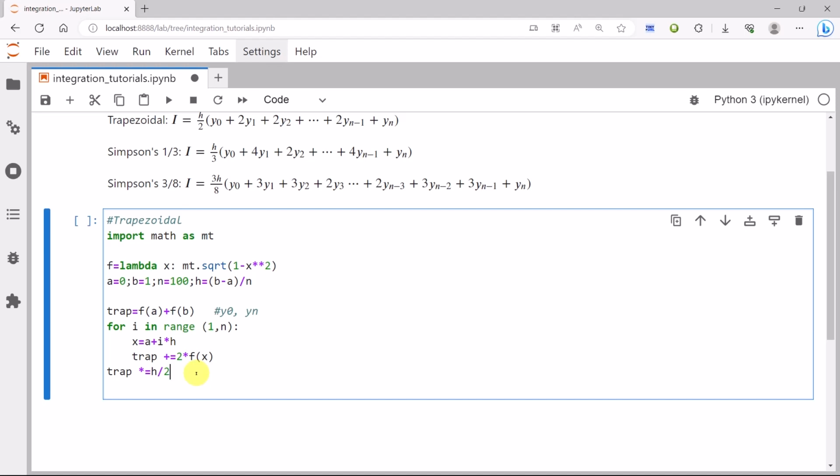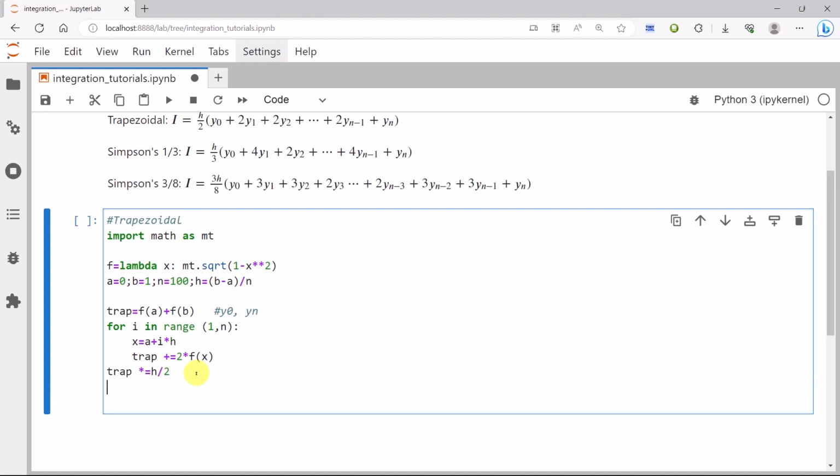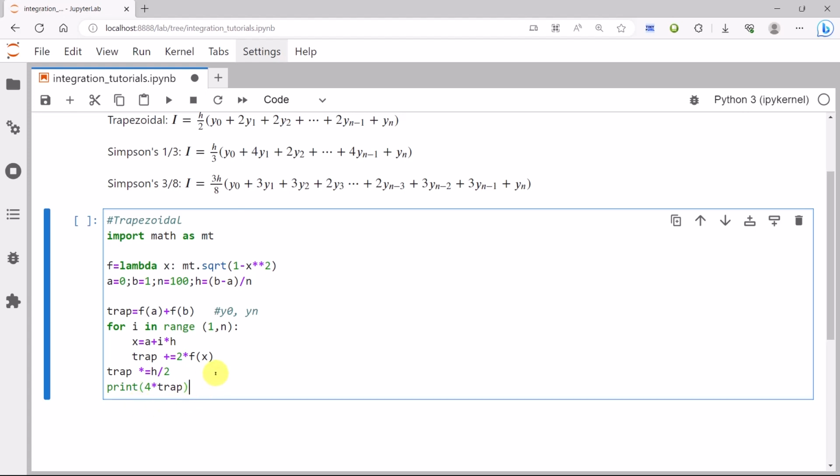So this should be 1/4 of this circle. So let us print 4 times this s_trap. This is the program then. We will print this and see what happens. This should give us the value of pi.